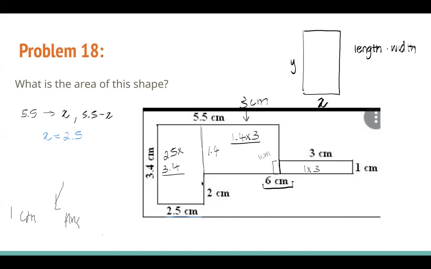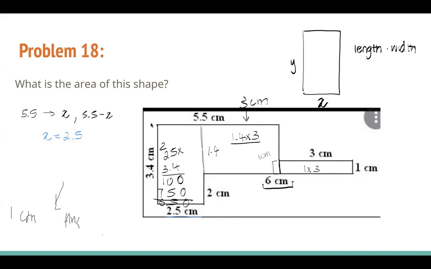So if we do 2.5 times 3.4, we get 8.5, I believe. Let me just double check. Yeah, we get 8.5.